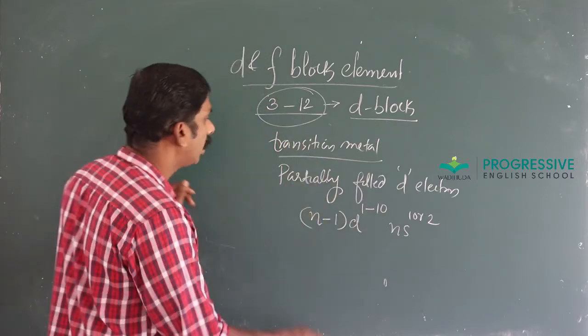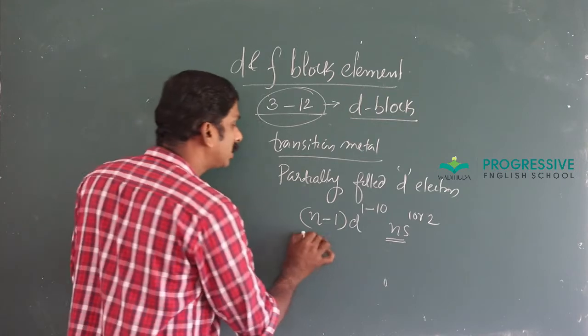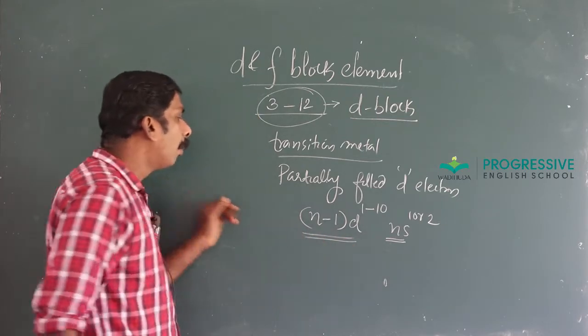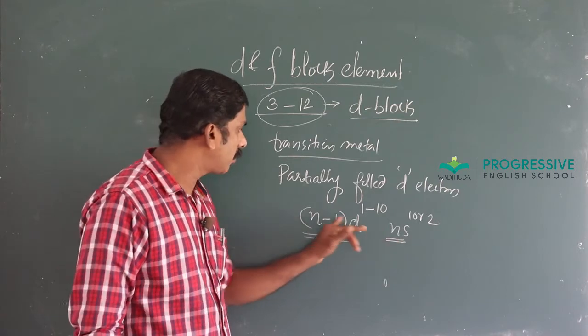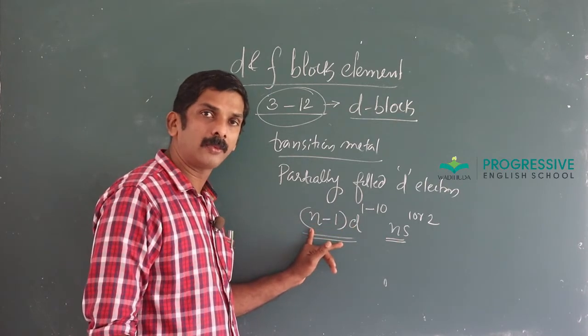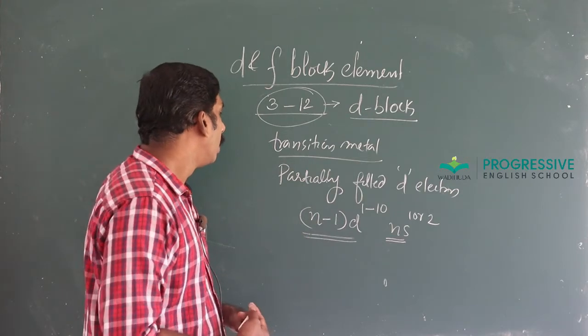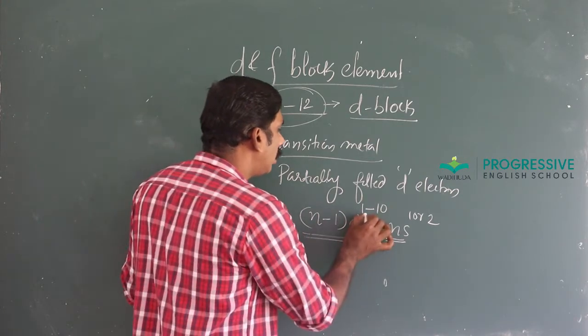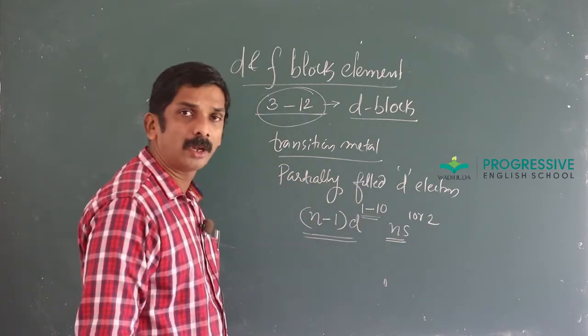Here this is called the outermost shell, and this one is called the penultimate shell. Penultimate means the shell just before the outermost shell. Here electron filling takes place in the penultimate shell. D block elements are characterized by the presence of partially filled d electrons.